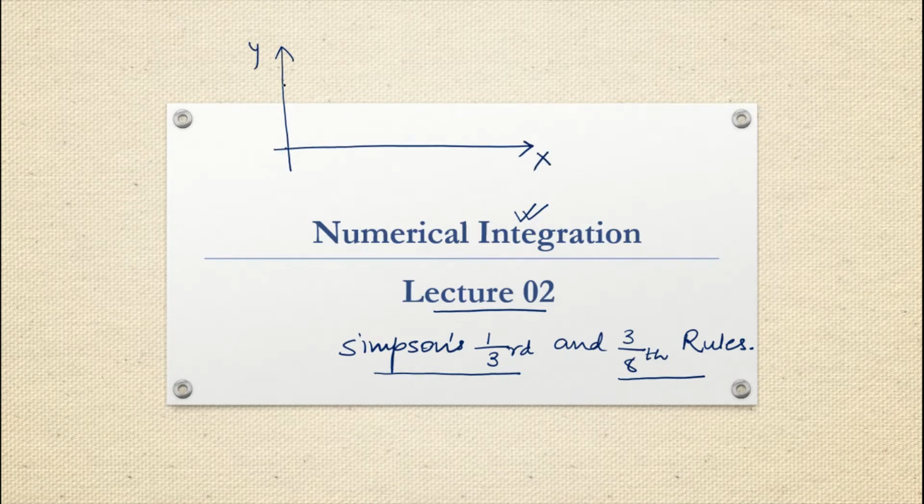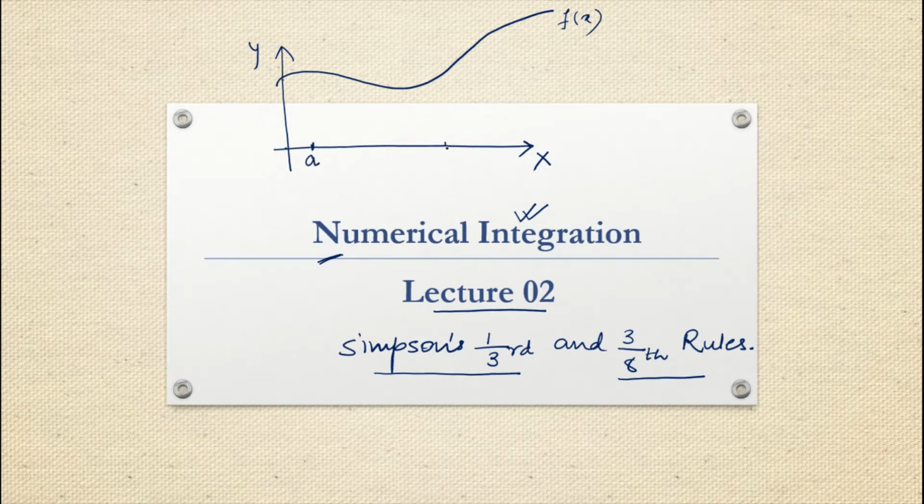If I have a curve which is not very well known to me, and I am not able to find its area using the calculus or theoretical method, then I have to take help of numerical integration. Suppose this is the curve f(x), and I have to find the area under this curve between x equals a and x equals b.